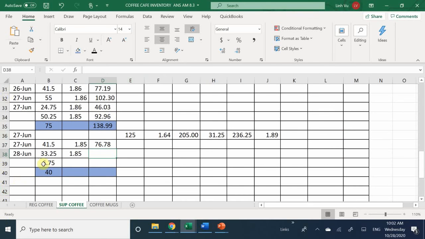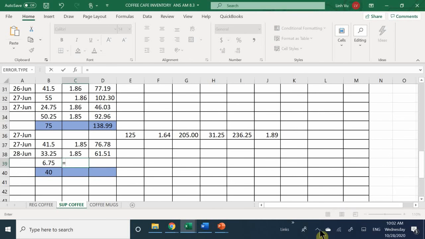I'm just going to type it in because I know 61.51 is the answer. And for the other one, the 6.75 at a cost of 1.89 equals 12.75, rounded off 12.76.